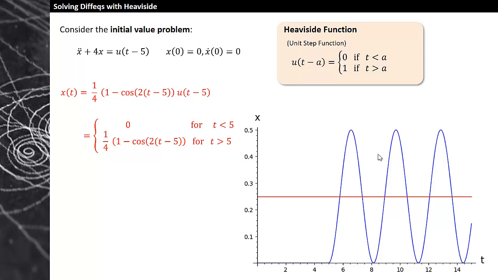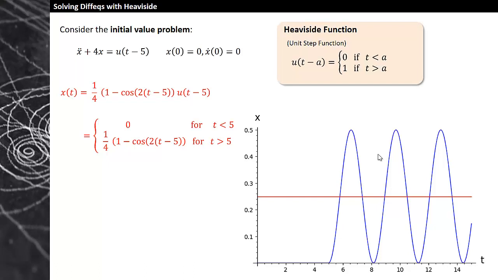You would have gotten this type of oscillation about 0.25, and that's exactly what we're seeing here. So this solution is pasting together the solution that is 0 for t less than 5, and then the usual solution we would have gotten to the inhomogeneous differential equation for t greater than 5.